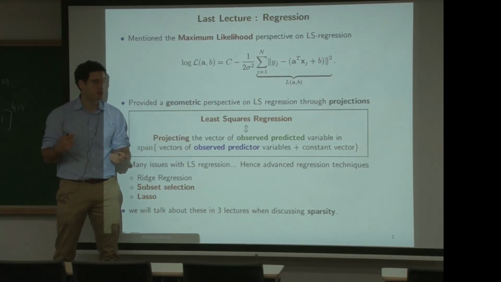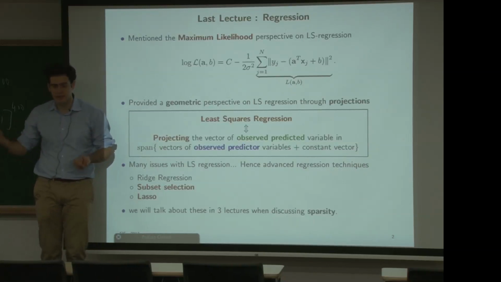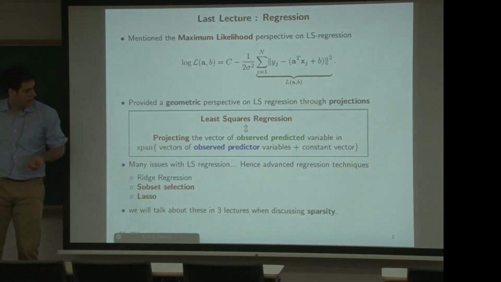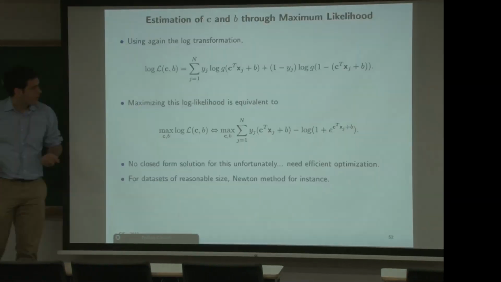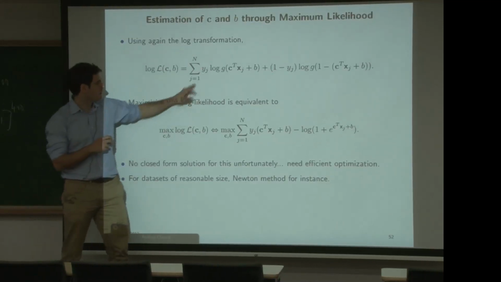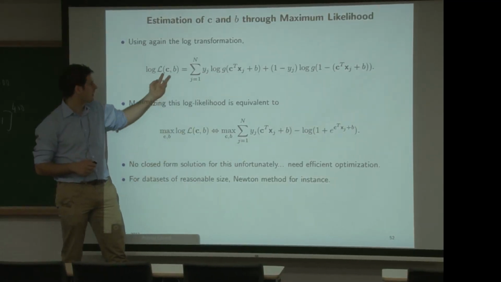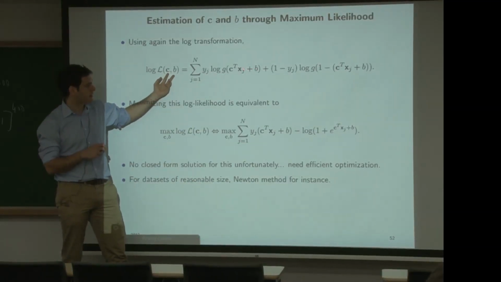In the first lecture, we computed the gradient of this, and we showed that just using first order conditions, we could recover the solution, and there was the hat matrix, et cetera. The likelihood that we get now is this function, so it's a bit more complicated. We again have yj's, we again have xj's, and we again have the parameters c and b which appear.